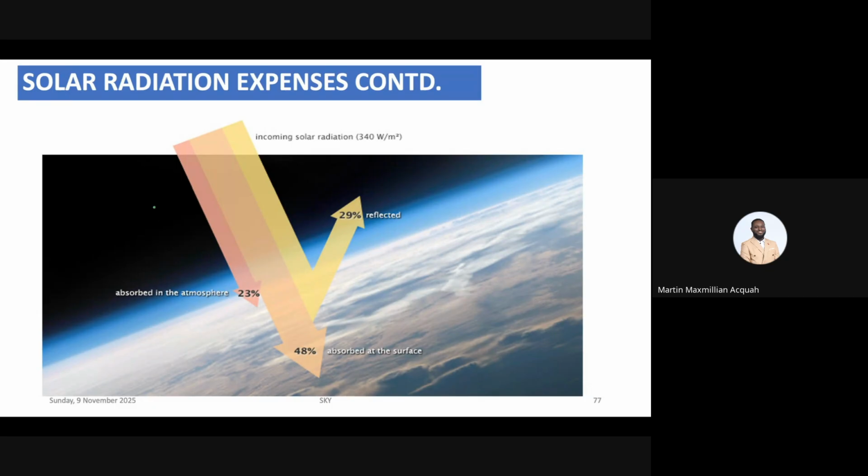And this distribution of the rays from the sun to the Earth's surface and being reflected back into space is what we call the heat budget.